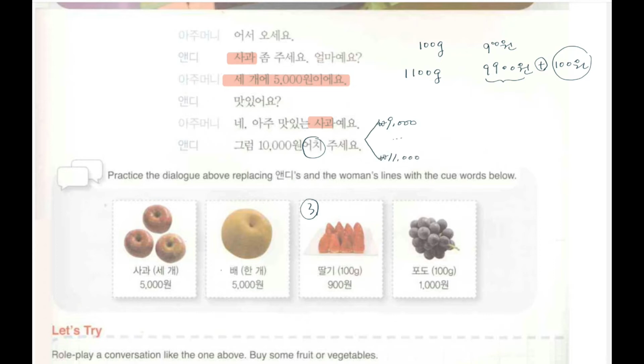It can be more or less, okay? So 10,000원어치 주세요. You can't complain you pay 11,000원.